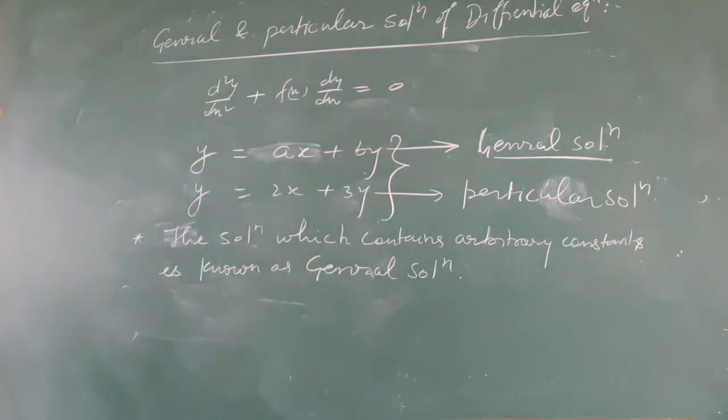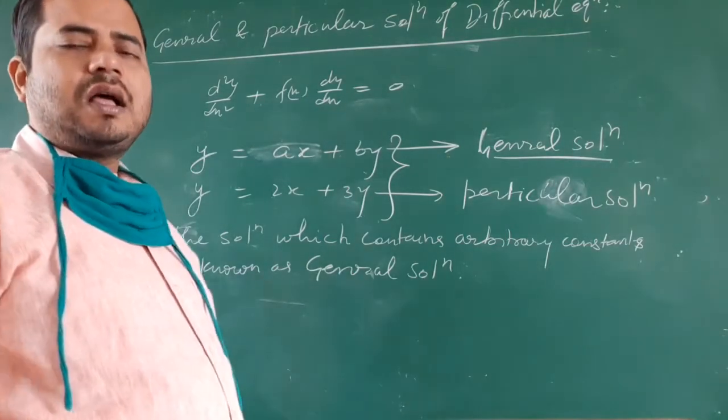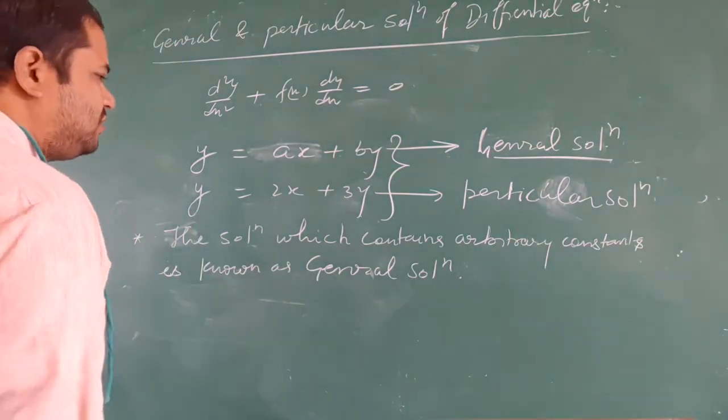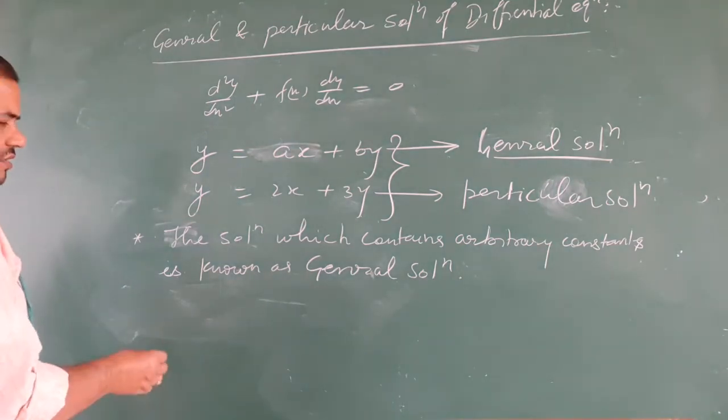On the other hand, if we have to give some particular values for arbitrary constant, the given solution is known as particular solution.